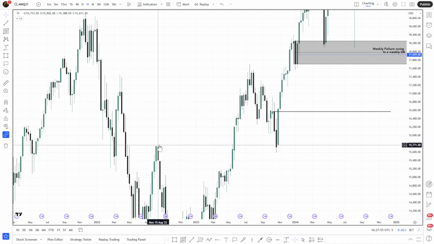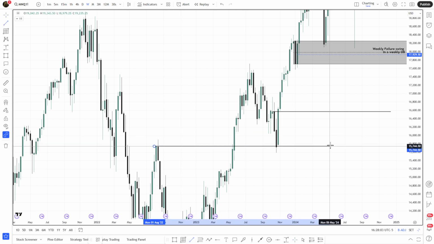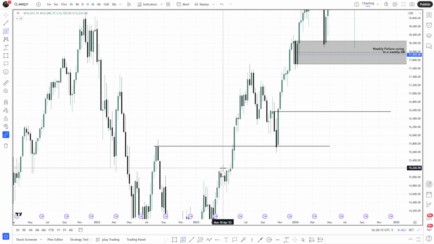But previous high into an area of imbalance. It's all buy side. And I would venture to say that this is probably 50% of this leg.